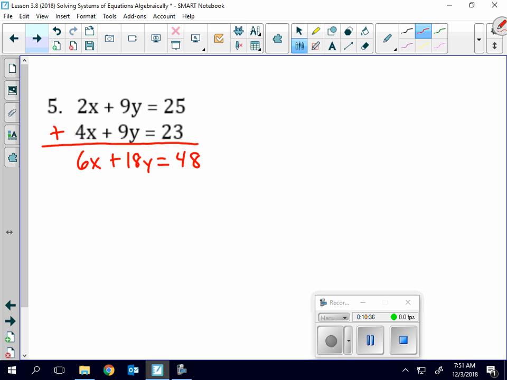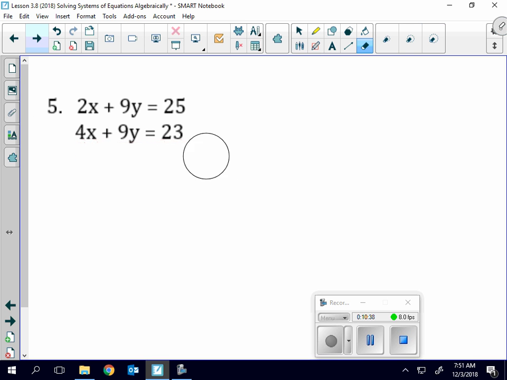But there is something I can do. You can see how the y's both have the same coefficient. Well, I want the same coefficient, but I want opposite signs. I want one of these, either this one or this one, to be a negative, and that will make them cancel out. So what we're going to do is take one of the equations.